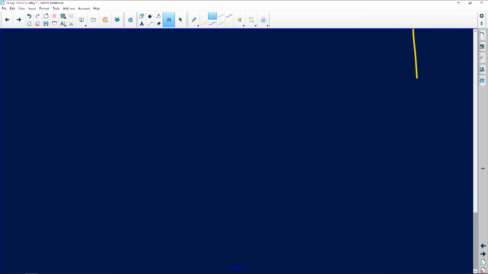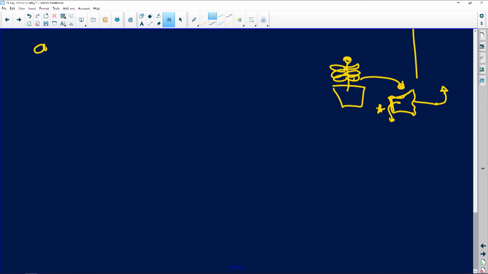Okay, so we've got our little pot, our plant. Here's our little plant. And our plant has fallen over, so our little plant is lying like this. Okay, and it's now going to grow up, and the roots are going to grow down. And they want us to explain this aspect. So we're going to say auxins gather.